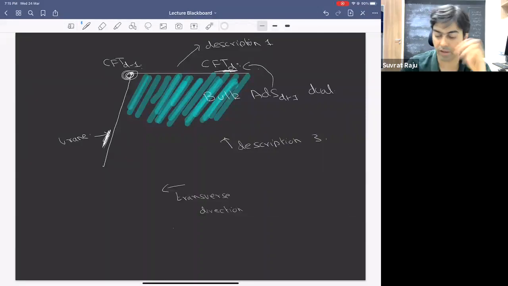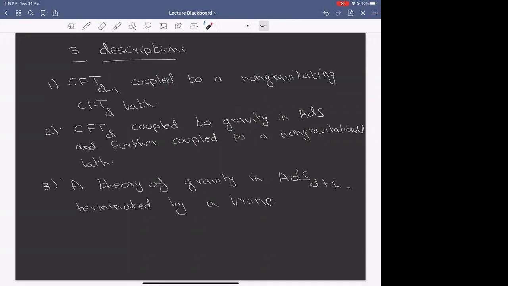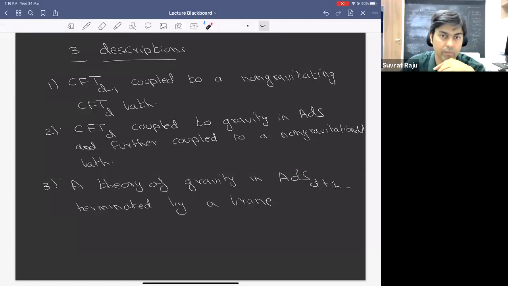Why can't you? You're saying the description 2. So there are 3 descriptions. Are you saying that description 2 does not make sense? No. I'm saying description 3 does not imply that the bulk is a dual of the CFTD in the gravity side of description 2. It's just the dual of the CFTD in the bath side coupled to CFTD -1. Is that right? That is correct. Yes. Okay. Correct. Thank you.